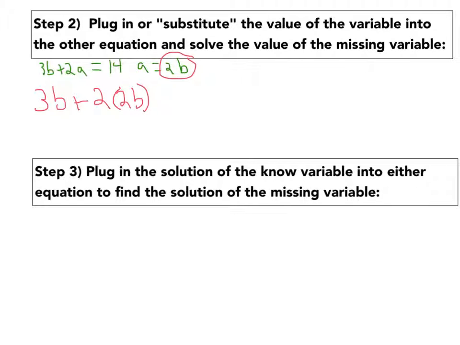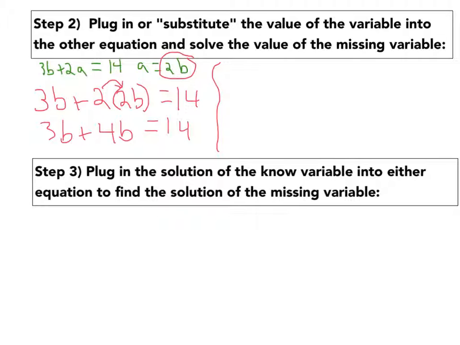So we now have 3b plus 2 times the quantity 2b equals 14. Well, if we were to distribute the 2, we would have 2 times 2 is 4b. So we have 3b plus 4b equals 14.